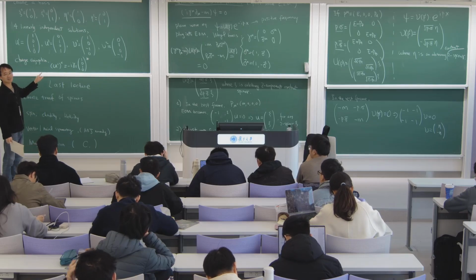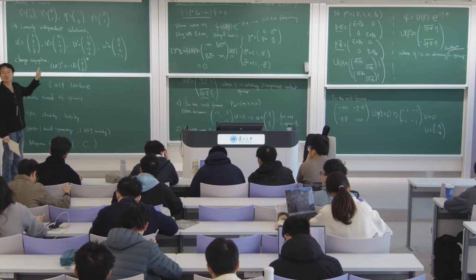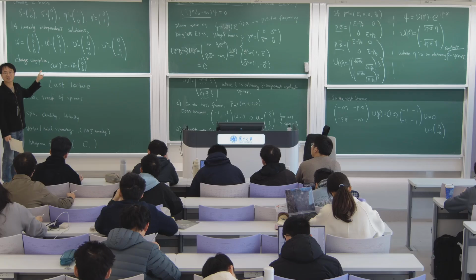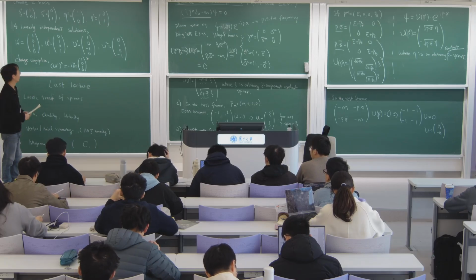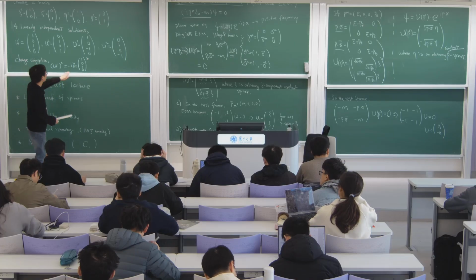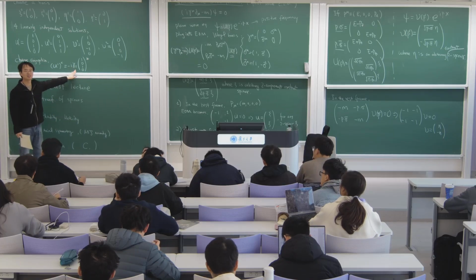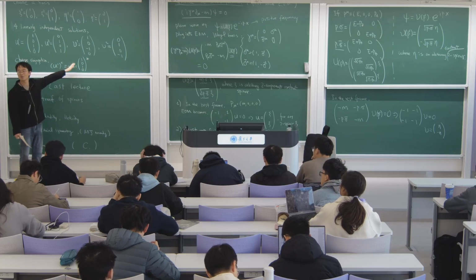Because this is the definition in the Weyl basis for a given four-component spinor, this is the charge conjugation we derived last time. You know what gamma 2 is, so just plug it in. What is the result?